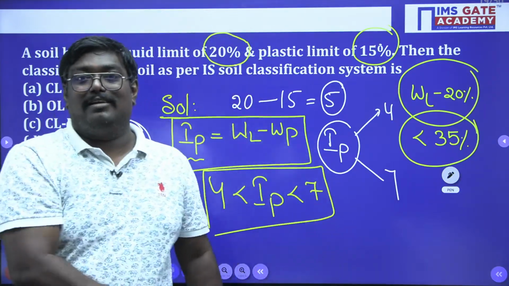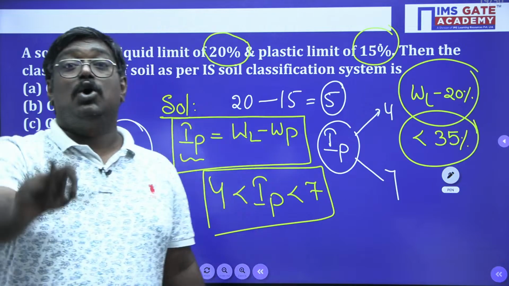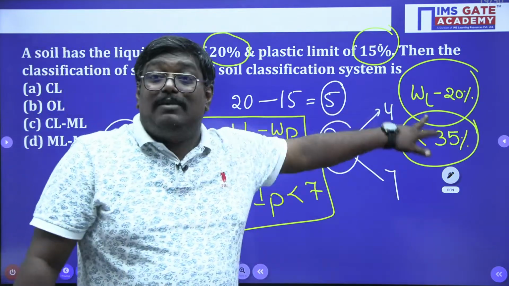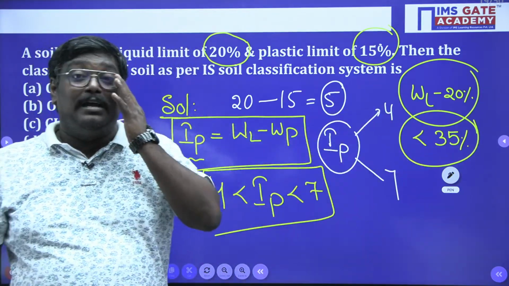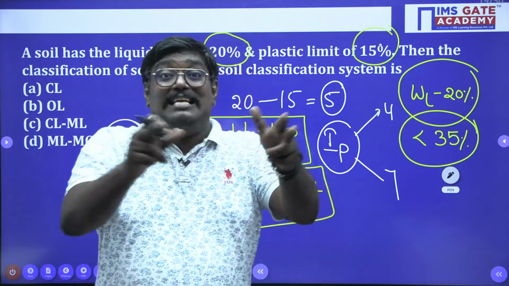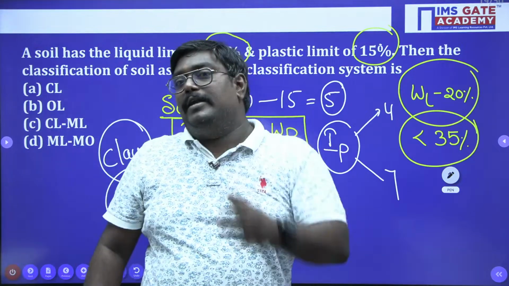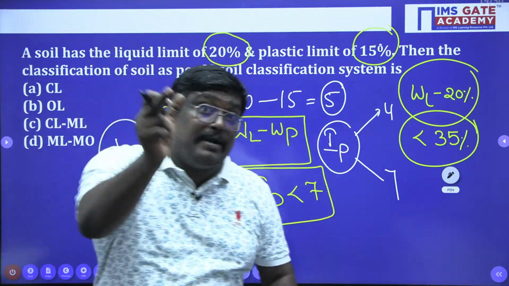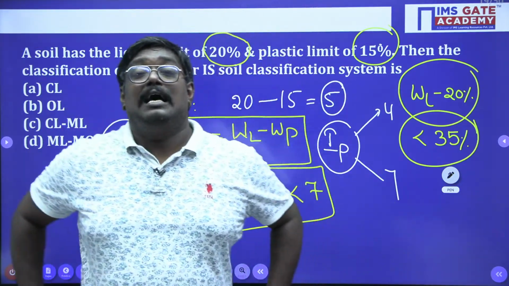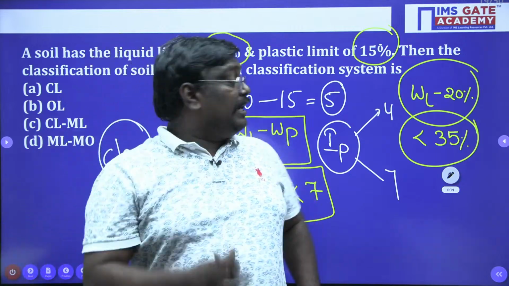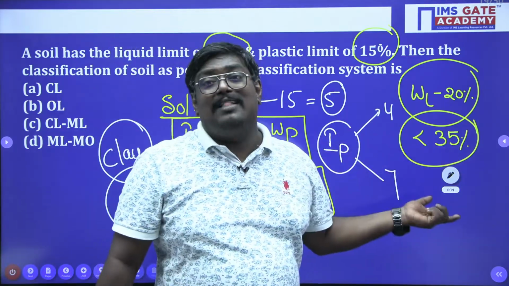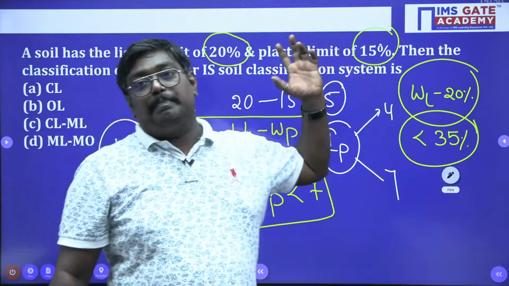So here it is evident that it is low compressible. When liquid limit is less than 35, it is low compressible. When liquid limit is between 35 and 50, it is intermediate compressible. When liquid limit is more than 50, it is highly compressible. So as it is less than 35, it is low compressible.